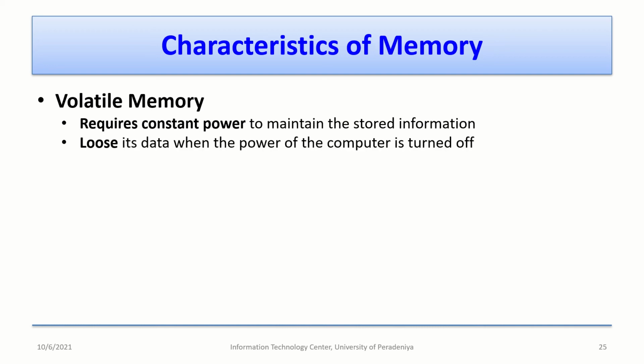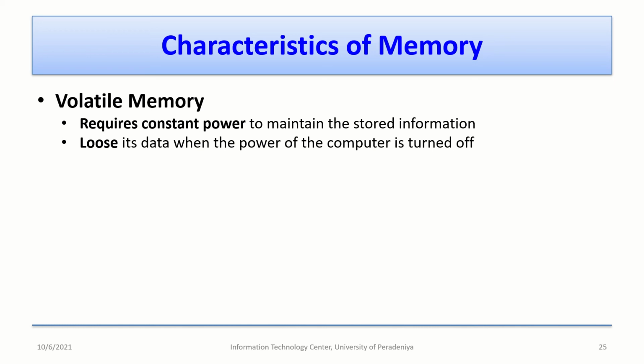That means if there is no constant power supply, then they lose the memory. It loses its data when the power of the computer is turned off. So without constant power supply, they can't maintain stored information.